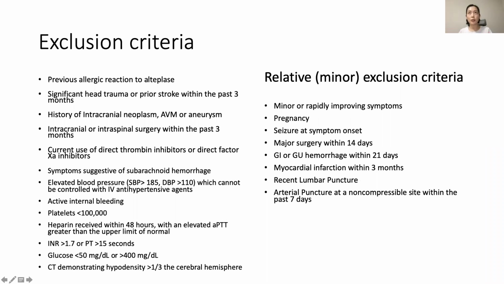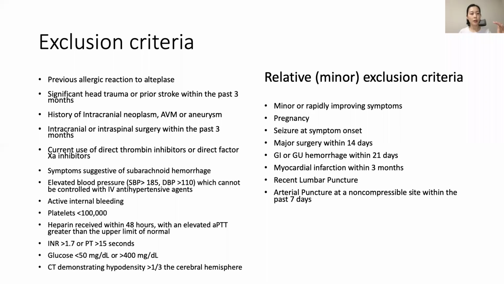There are many exclusion criteria for TPA, most of which are to try to exclude patients who are at a high risk of bleeding, basically, because bleeding is the most feared complication of TPA.